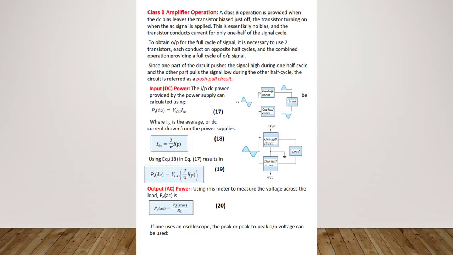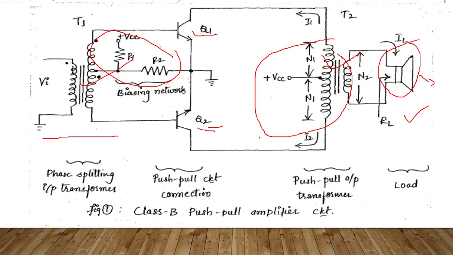Okay, then we go to class B. In class B, instead of using one transistor, we use two transistors, because one generates 180 degrees and the other generates the other 180. One is NPN, another is PNP, and we use R1 and R2 for the biasing network, and two transformers: T1 for splitting the phase and T2 for combining the phase.